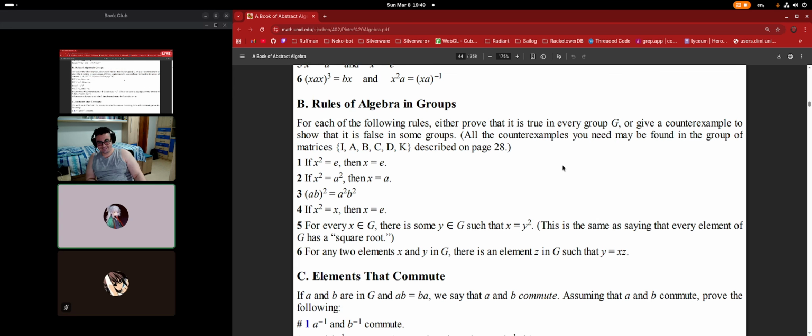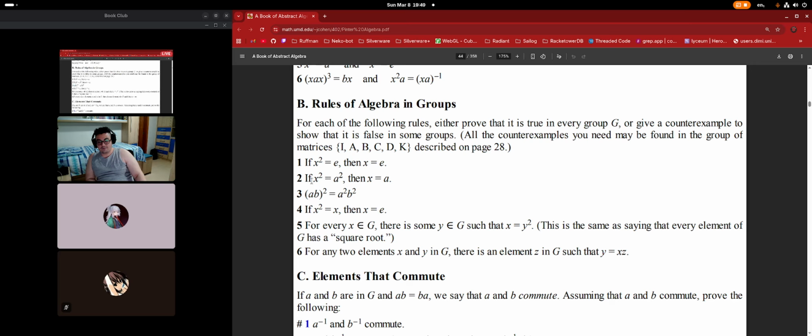Well, intuitively, I want to say yes, but that's not how that works. This one is true, obviously, right? Not really, sorry. This is only true for abelian groups again. This is not true in general.